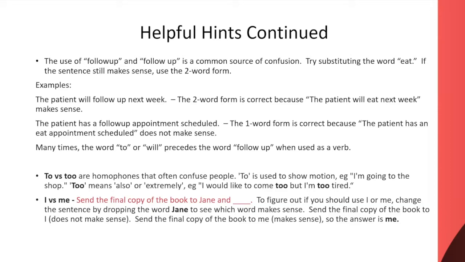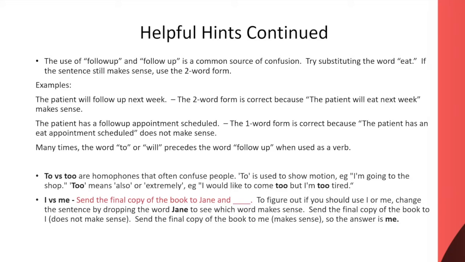If you swap that out, I would like to come also, but I'm extremely tired. So see, you can swap both of the TOOs out with also and extremely, and it makes sense. Right? So that's how you would know that it would be TOO.